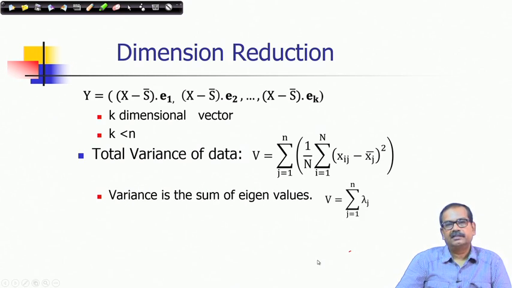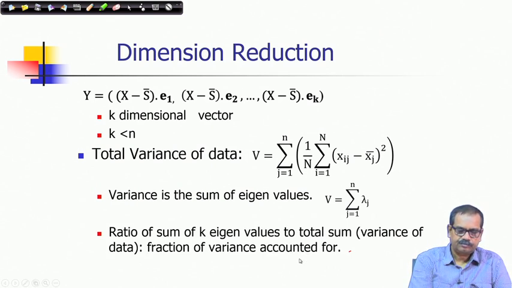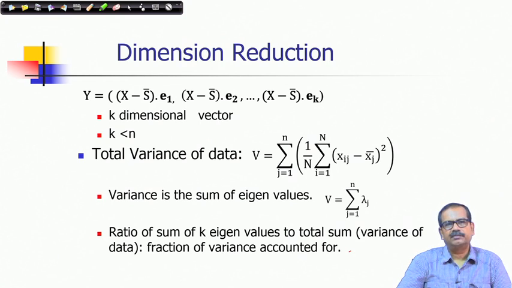This can be proved also, that the total variance is nothing but the sum of eigenvalues. That is why the eigenvalues which are very small, which are negligible, do not contribute to the data variance, and we can ignore those components. So, the ratio of the sum of k eigenvalues to the total sum is the fraction of variance accounted for.